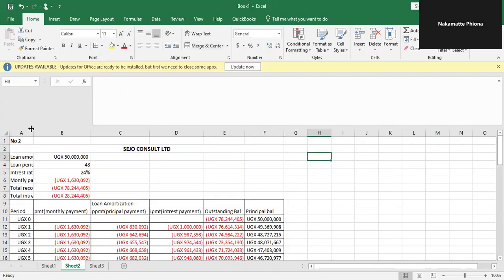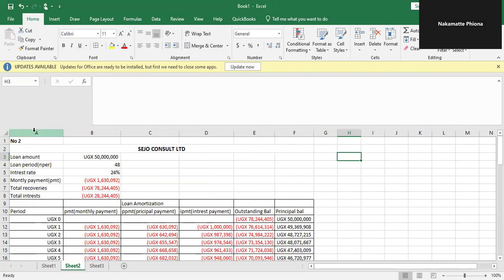Here is my number two for loan amortization.